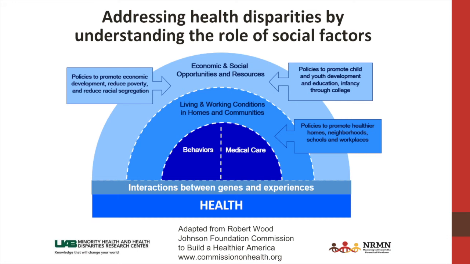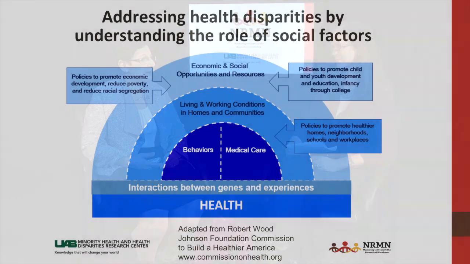Also, we need to look at policies to promote child and youth development and education from infancy through college. We also need to educate our policymakers to promote healthier homes, neighborhoods, schools, and workplaces. At the same time, these things could lead to better behaviors and better resources for medical care and healthier communities. So it's a big, complex web.